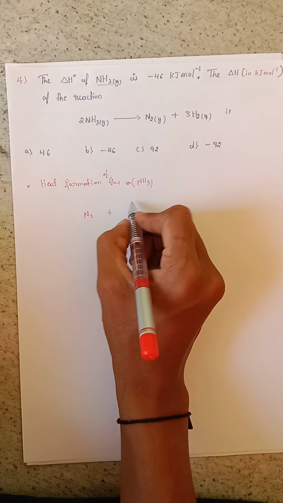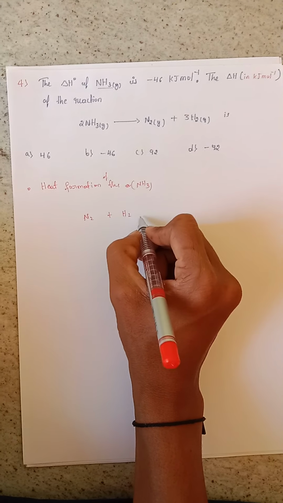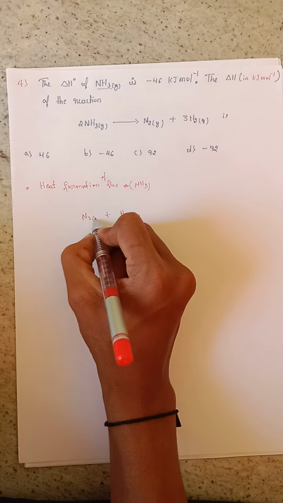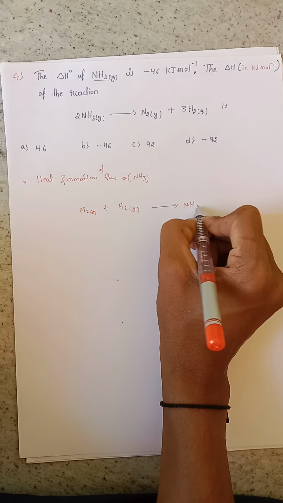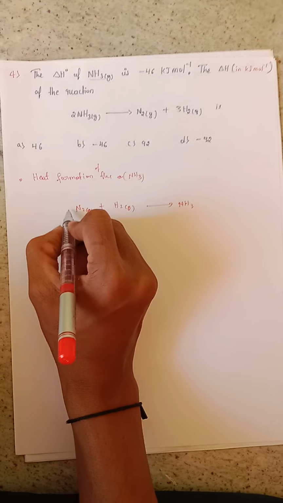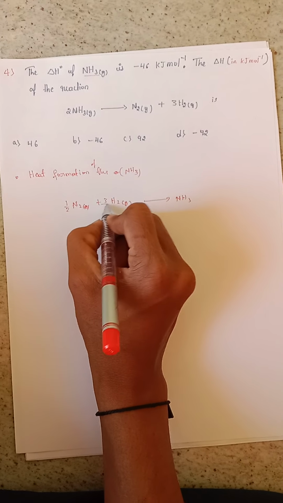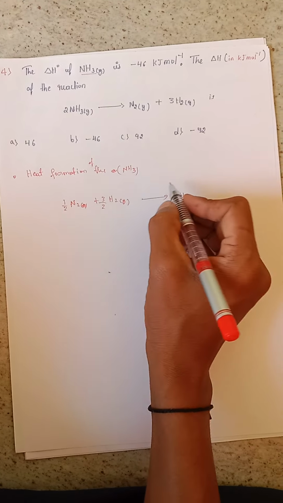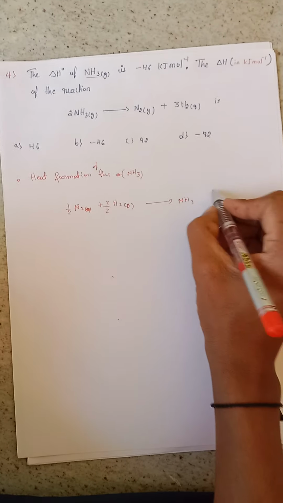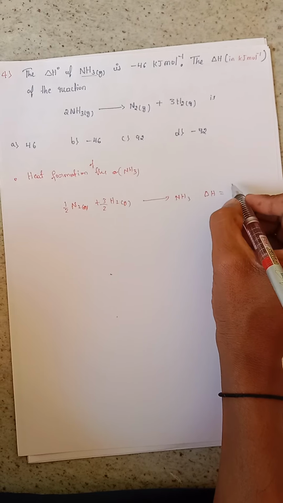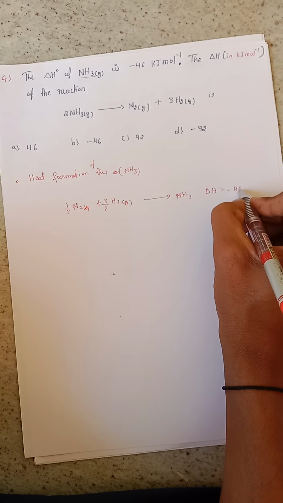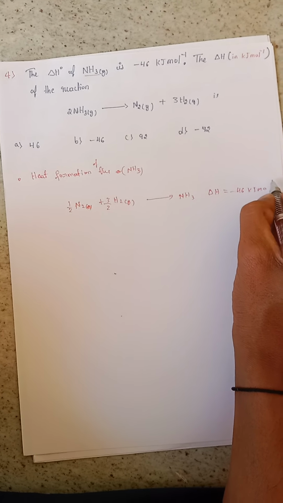N2 plus H2 gaseous molecules give ammonia. Now you balance the equation. Half N2 plus 3 by 2 H2 gives this, whose energy required is delta H equal to minus 46 kilojoule per mole.